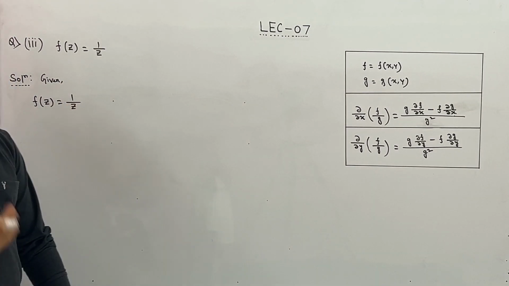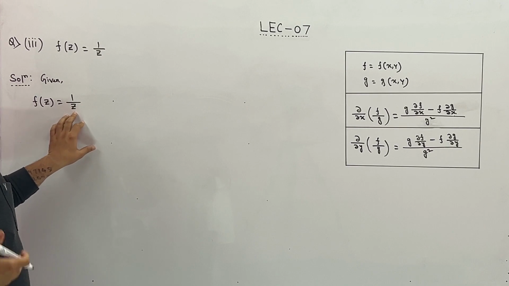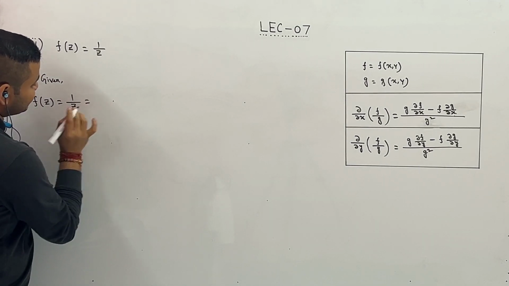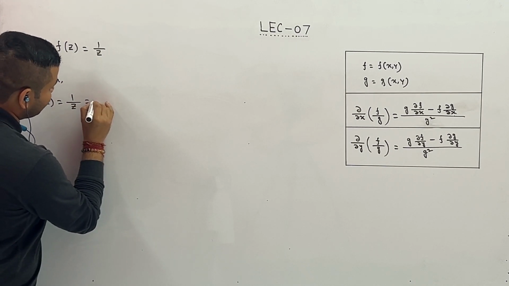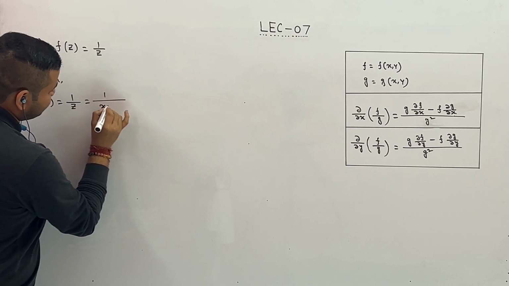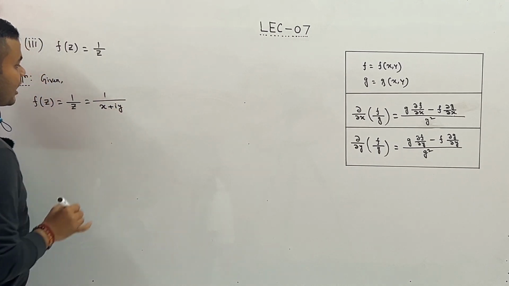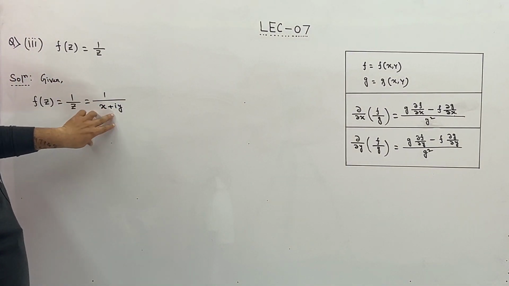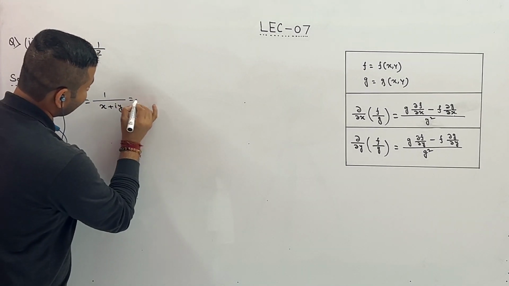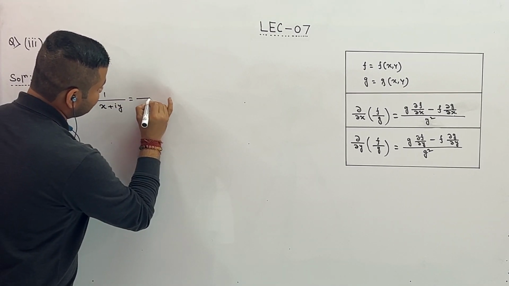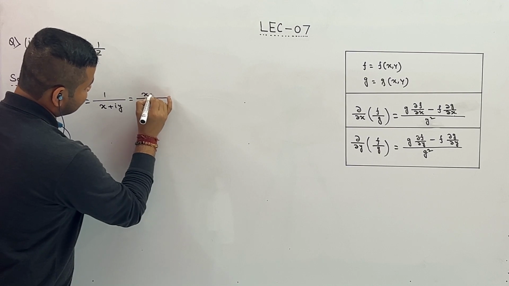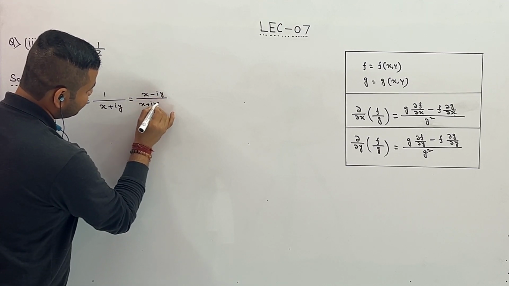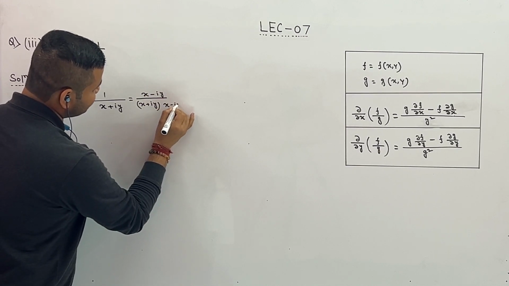We know that in Cartesian form this z is written as x plus iota y. So first replace z by x plus iota y. Now let us multiply numerator and denominator by x minus iota y: x minus iota y divided by x plus iota y into x minus iota y.